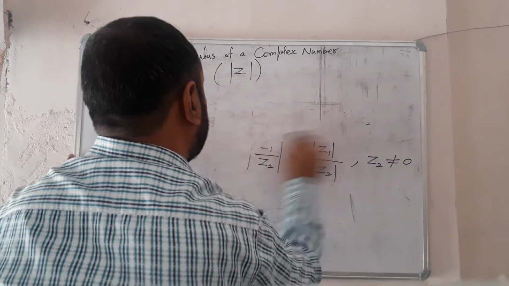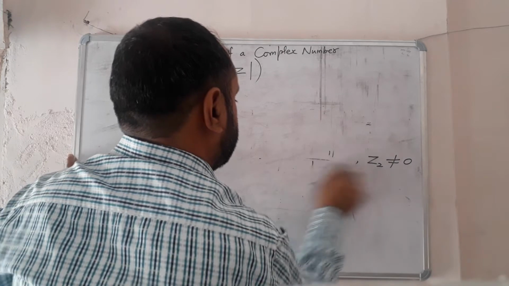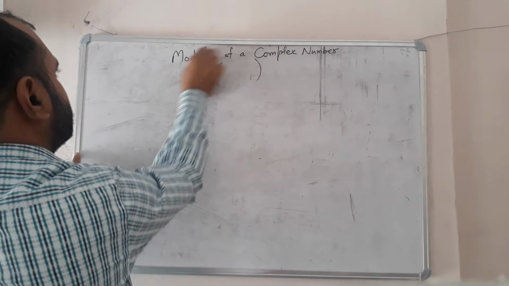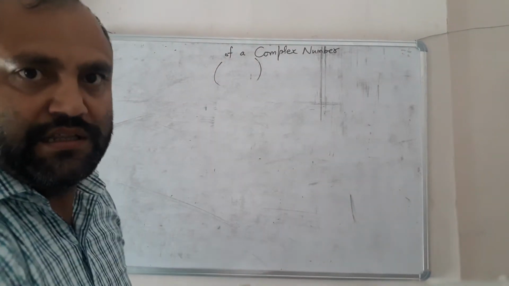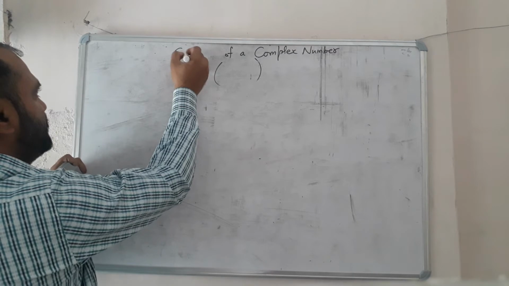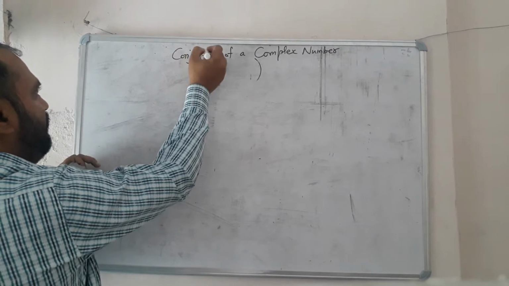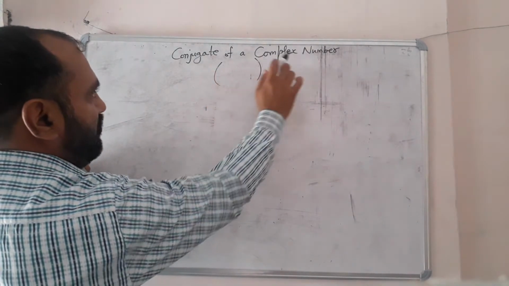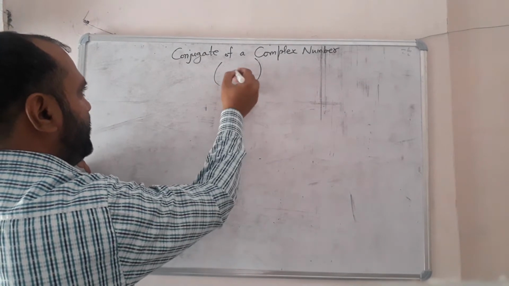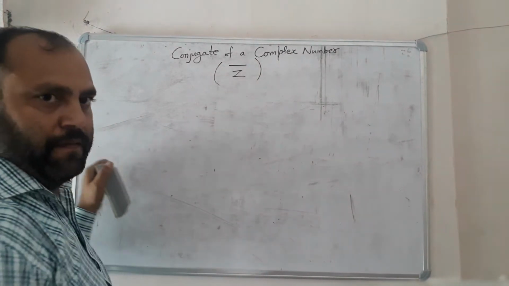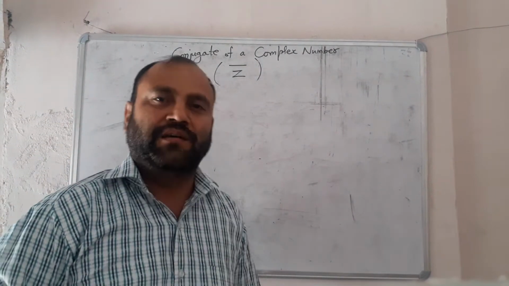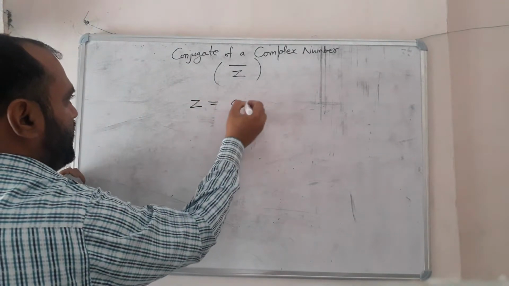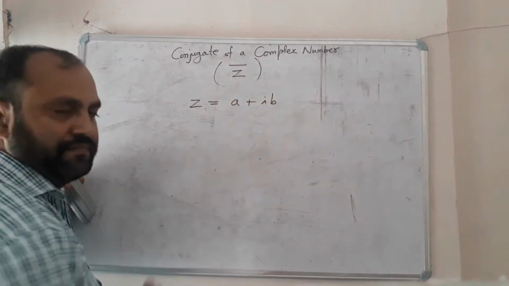Next topic is conjugate of a complex number. It is denoted by Z bar. So let Z is equal to a plus iota b.